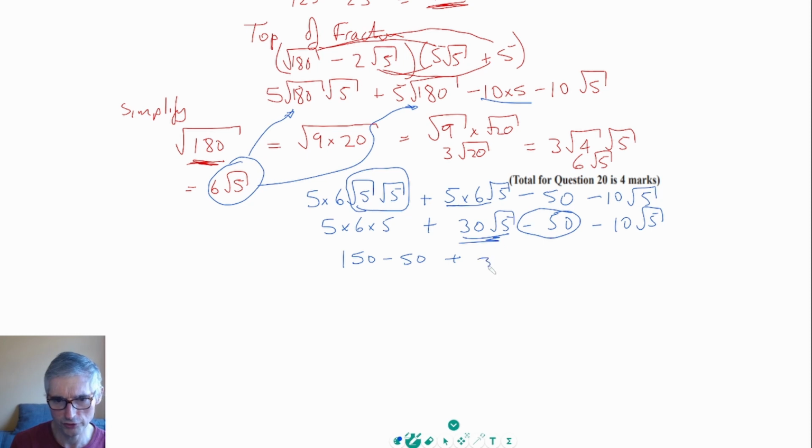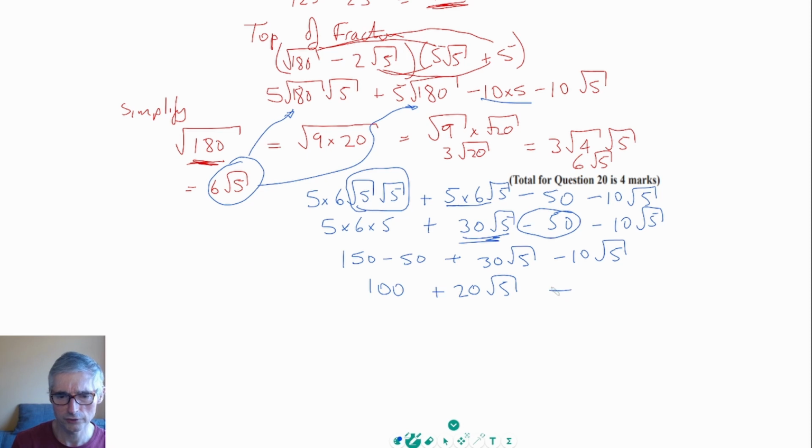So I've got 30 root 5 minus 10 root 5. If I tidy that up, 150 take away 50 is just 100. And then 30 root 5s take away 10 root 5s would mean I've got 20 root 5s. So that simplifies to 20 root 5.